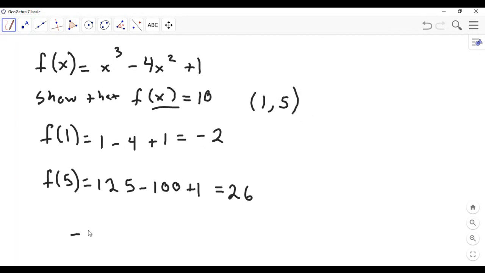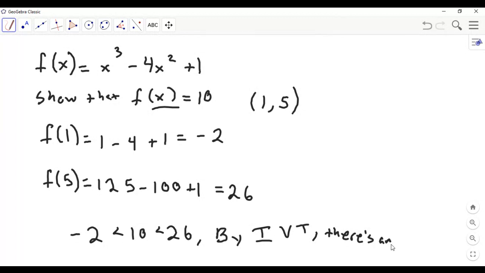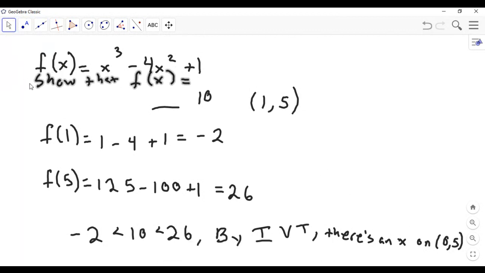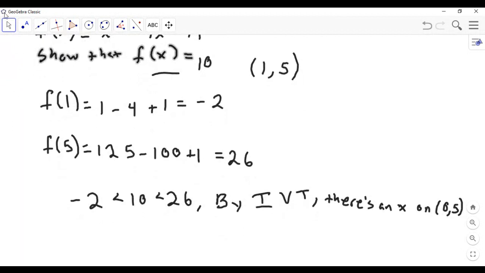So then, because negative 2 is smaller than 10, which is in turn smaller than 26, by the intermediate value theorem, or the IVT, we have to have some x in 1, 5 so that f of x is equal to 10. Does that make sense?